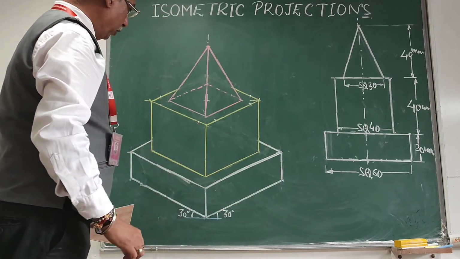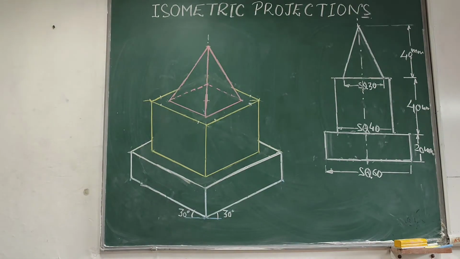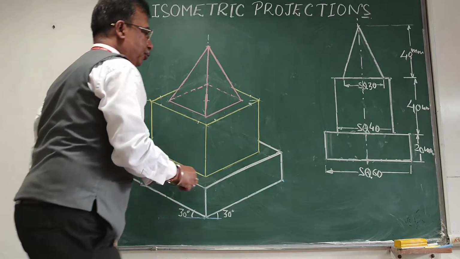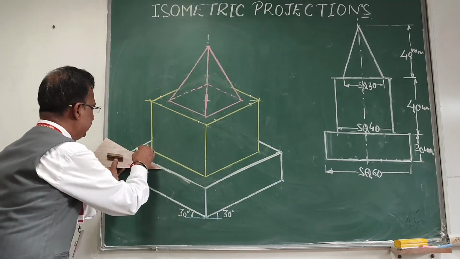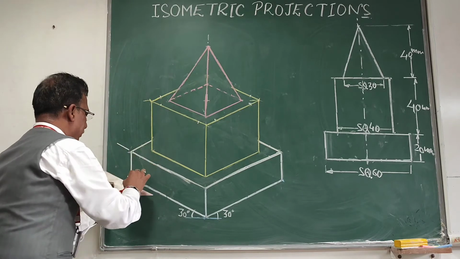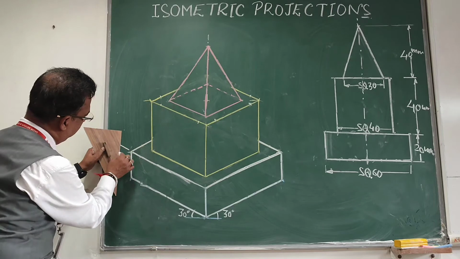Here we have three solids in isometric projection, one above the other. The lower part is a square block of 20 mm height, 20 mm thickness. If you want to dimension it, dimensioning in isometric will also be along these isometric axes.